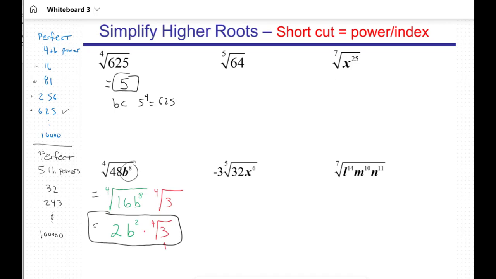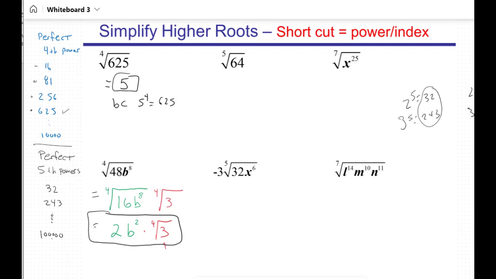Okay, let's change gears and slide over. Let's do fifth roots. Now, to do fifth roots, it helps to know fifth power numbers. 2 to the fifth power is 32. 3 to the fifth power is 243.